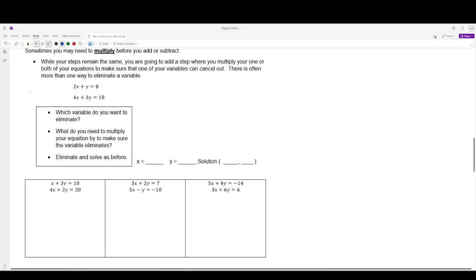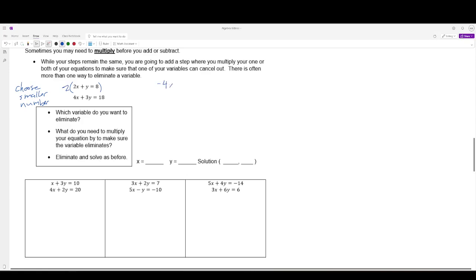Given the choice, I will always choose the smaller number. That way, our numbers stay small and don't get out of hand. So if I have the choice of multiplying by -2 or -3, I'm always going to choose -2. Not to say -3 is wrong. You can do that, but it's not my preference.